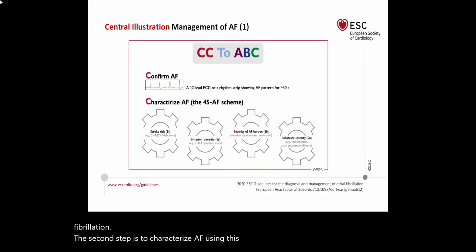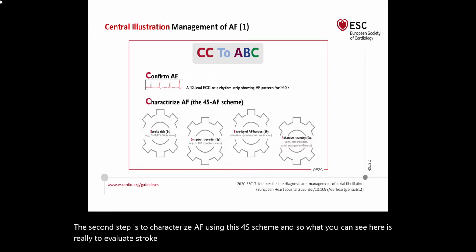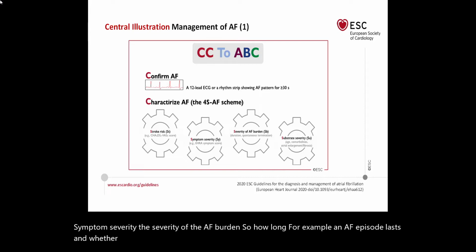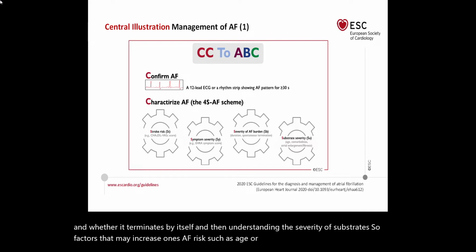And so what you can see here is really to evaluate stroke risk, symptom severity, the severity of the AF burden, so how long, for example, an AF episode lasts and whether it terminates by itself, and then understanding the severity of substrates, so factors that may increase one's AF risk, such as age or other comorbidities or the presence of atrial enlargement and fibrosis.